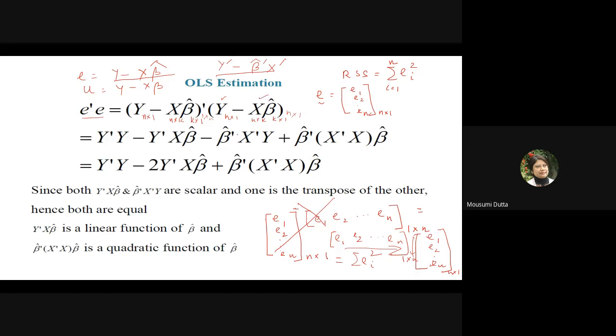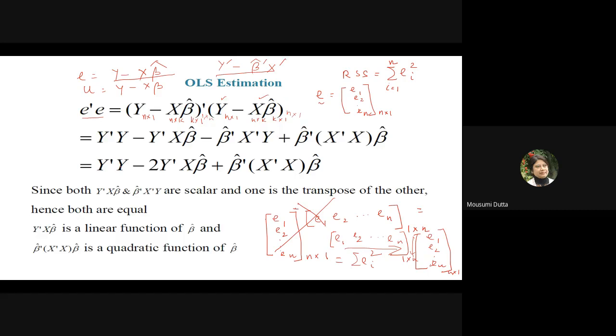So it is beta hat transpose x transpose y, then beta hat transpose x transpose x beta hat.